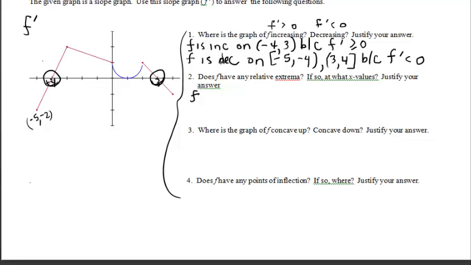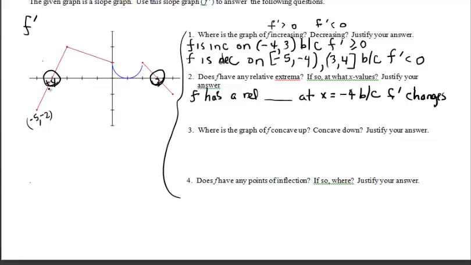So I'm going to start over here at x equals negative 4. F has a relative, and I'm going to leave this blank for a minute, at x equals negative 4 because f prime, this graph, changes from what?